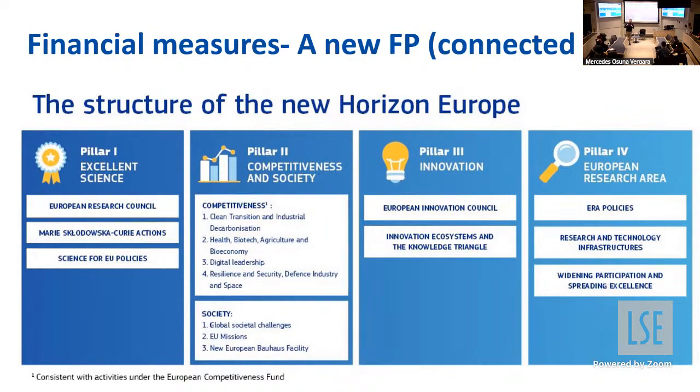But it's not only the quantity of the money that we are providing, but it's also how this money will be invested. To a large extent, we know that researchers and innovators need stability in their funding schemes.